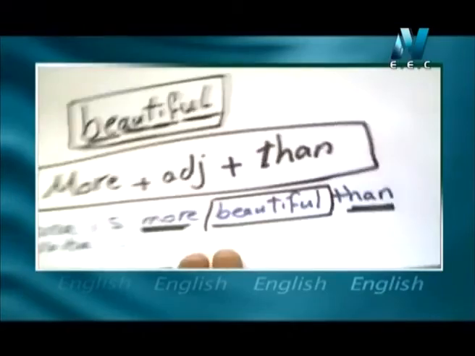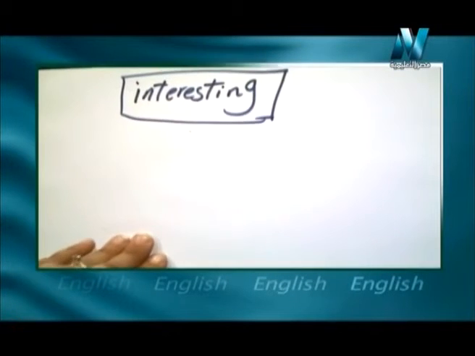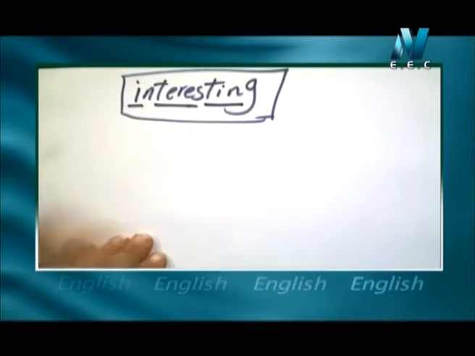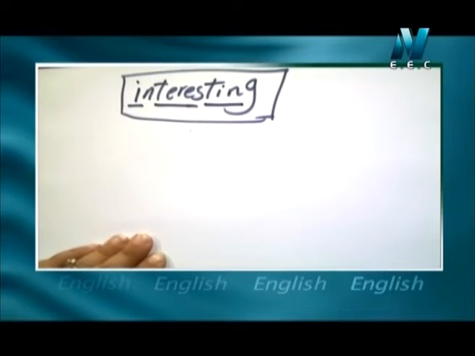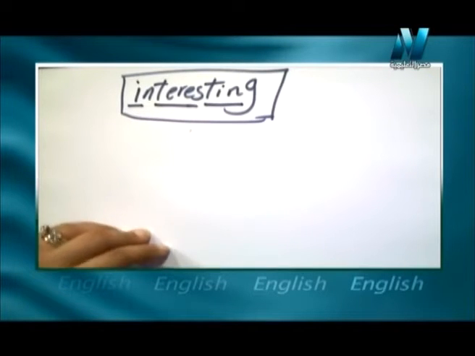Let's have another example. I have a film and a play. I'm going to compare them, for example, by the word interesting. This is an adjective and it is a long adjective. Interesting. So it's a long adjective. I can divide it in more than one syllable.